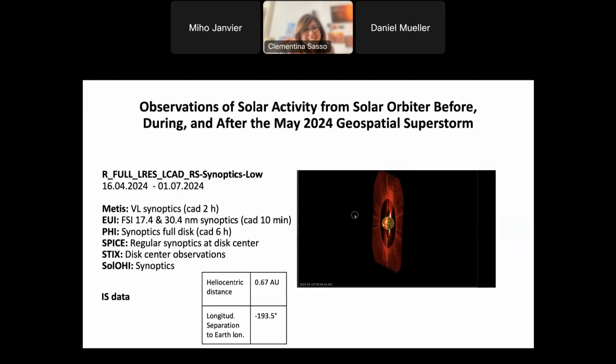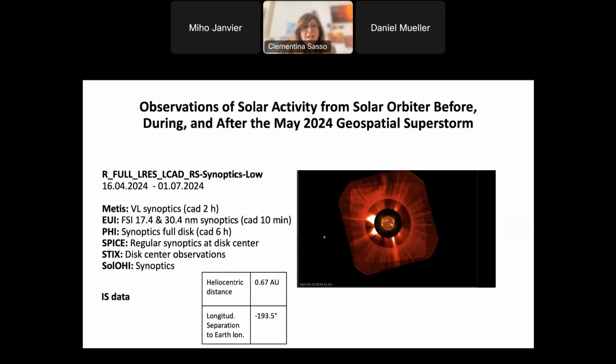Even if Solar Orbiter was on the other side of the sun, and it was in synoptic SOOP mode, so we were observing with Metis every 2 hours and also PHI every 6 hours.